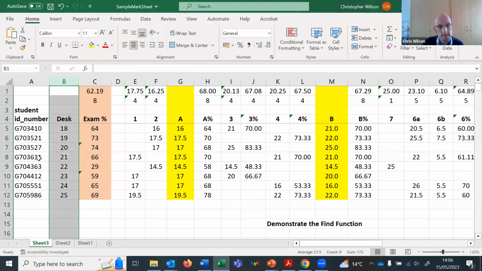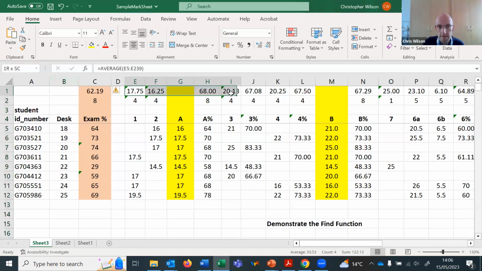These ID numbers for students can be quite complicated, and it's sometimes much easier to refer to the desk that they're sitting on. That might be on the front of the script along with the ID number as well. As long as these are unique, they're a useful quick identifier rather than getting confused with all these difficult ID numbers.